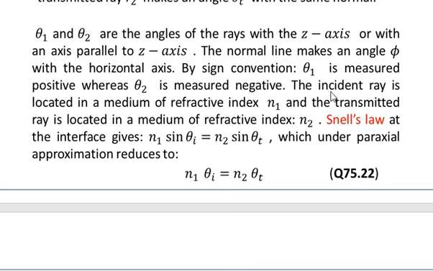By sign convention, theta 1 is measured positive, whereas theta 2 is measured negative. The incident ray is located in a medium of refractive index n1, and the transmitted ray is located in a medium of refractive index n2. Snell's law at the interface is given.